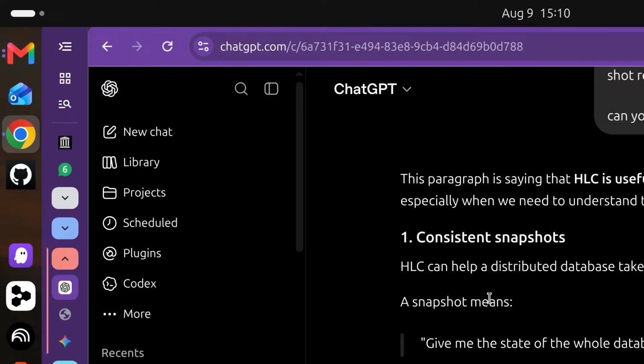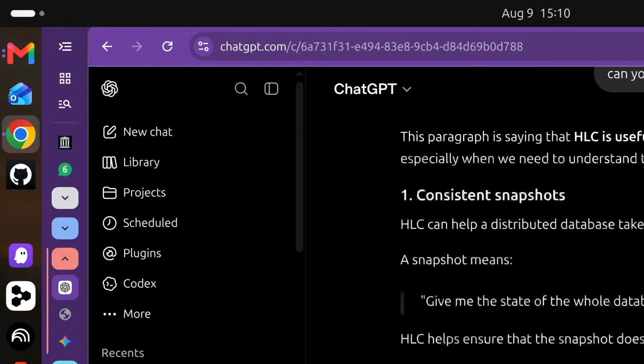Right. So this paragraph is saying that HLC is useful in many real-world distributed systems. Consistent snapshot means what? HLC can help a distributed system take a consistent snapshot. A snapshot gives me the state of the whole database as it existed at a particular time. So HLC helps ensure that the snapshot doesn't contain impossible states.